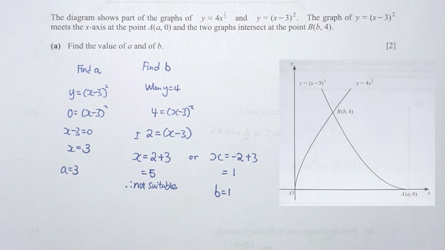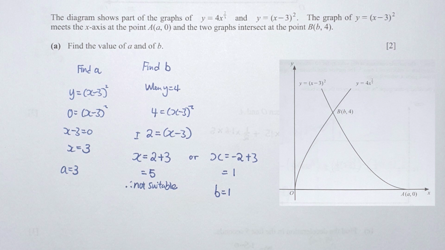As for your B, it's the intersection. So I substituted 4 into either one of the equations. In my case, I used back the same equation that I used to find A. So get rid of the square by putting square root. So you have plus minus 2 over there, and your x values will be 5 and 1.